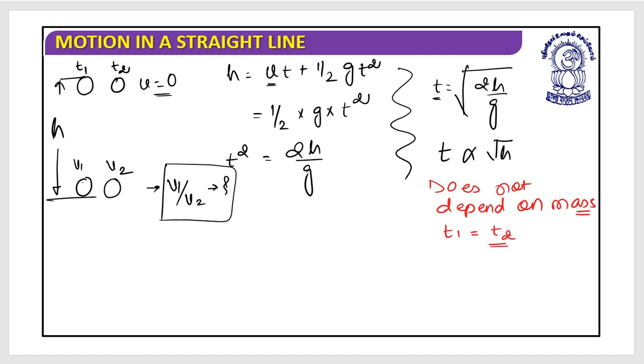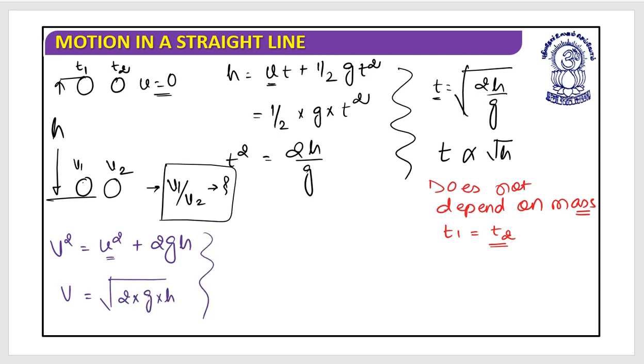So what I can have is that v square is equal to u square plus 2gh. As u is 0, what I can have is v should be equal to root of 2 into g into h. As my g is a constant, v is proportional to root of h.